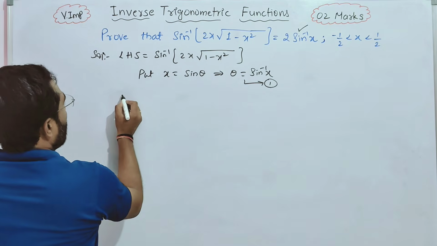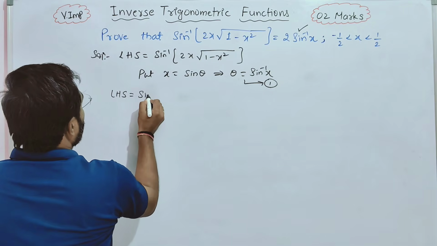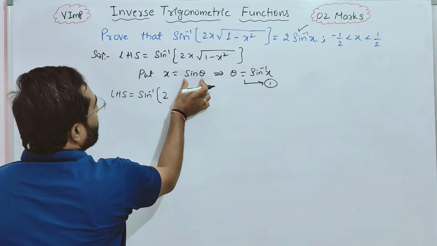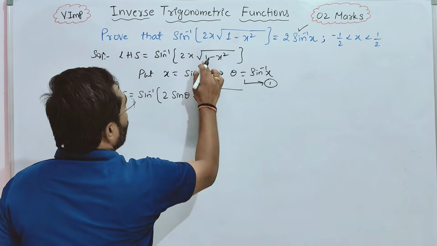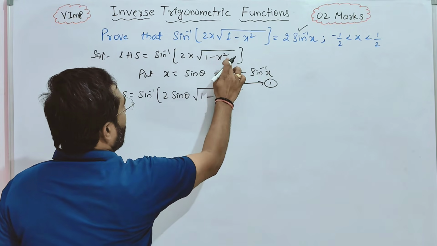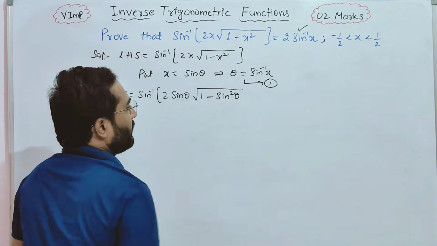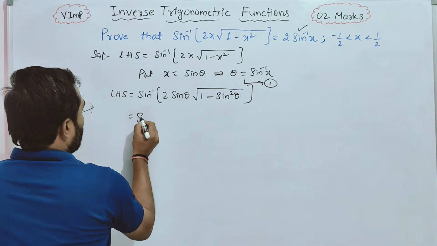So what does this equation become? Sine inverse as it is, 2 as it is, x is sine theta. Here it is: sine theta into square root of 1 minus x square. So x square becomes sine square theta. Isn't it?